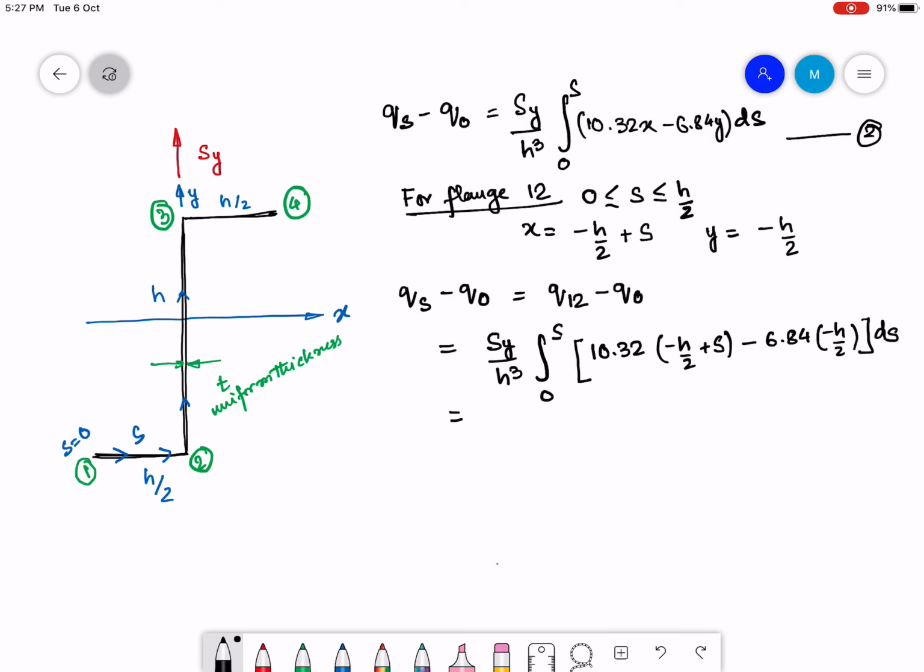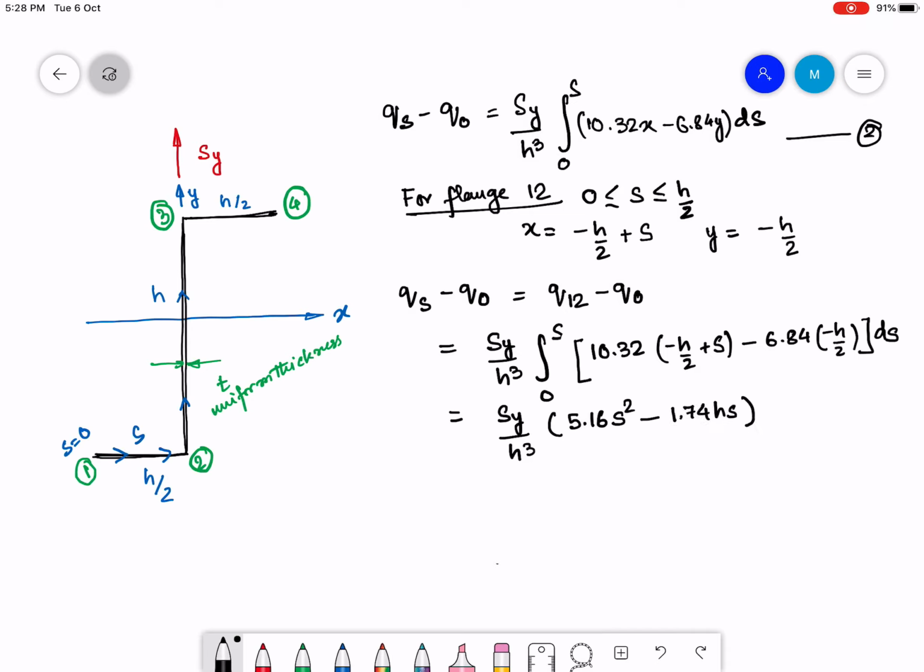If I evaluate this integral, this is going to be sy by h cube into 5.16 s square minus 1.74 hs. You do it yourself and see whether this is correct.